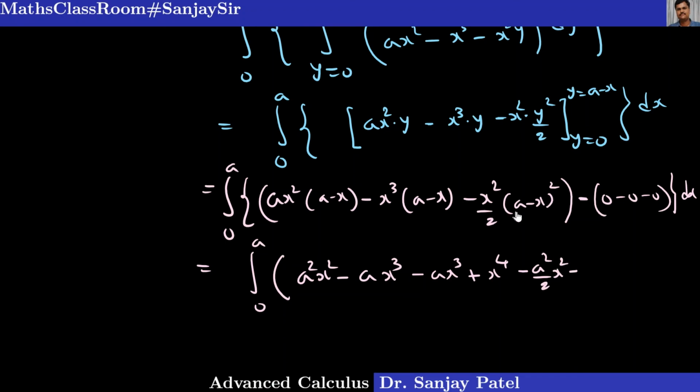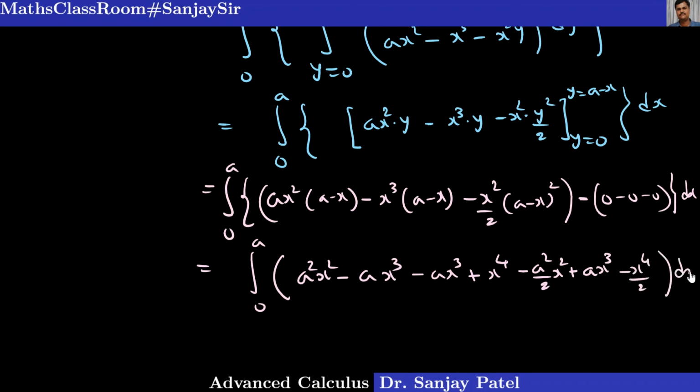Then the middle term is minus 2ax, which is multiplied with this. So minus becomes plus, 2 gets cancelled. It is 2ax, so 2 cancels, and a into x square gives us a into x cube. And finally, the last term is x square into this, which is minus x raised to 4 by 2.